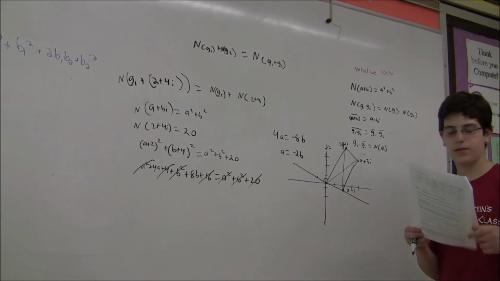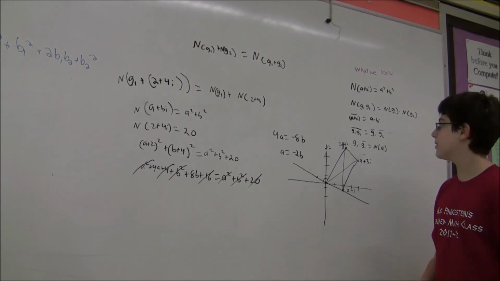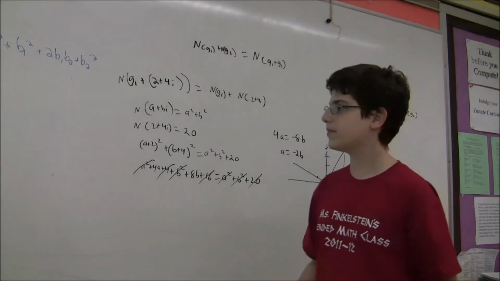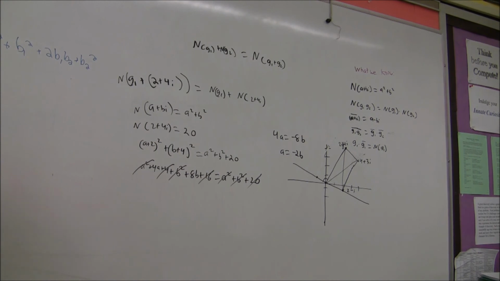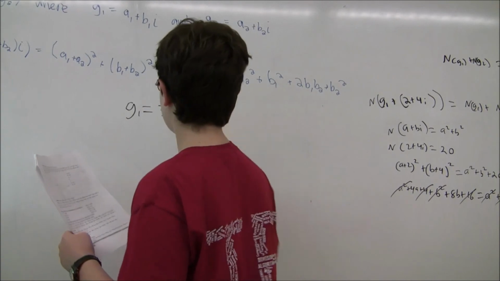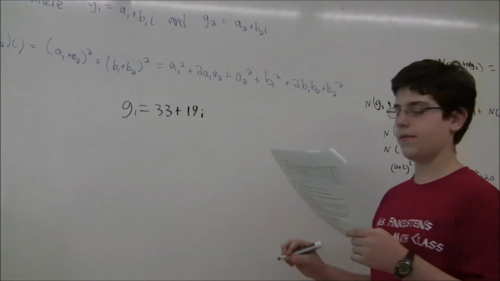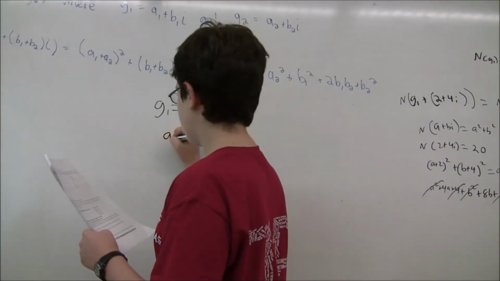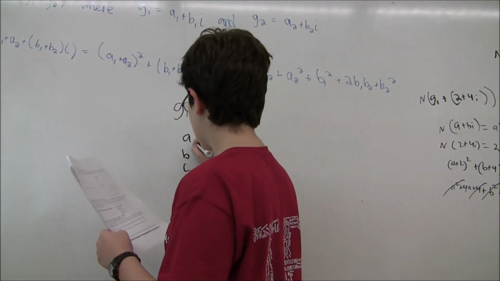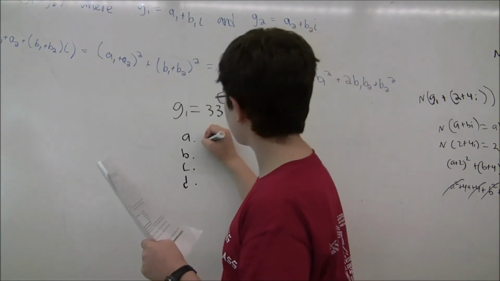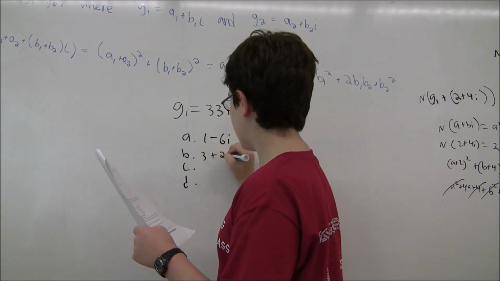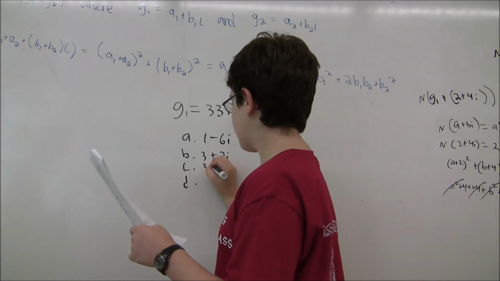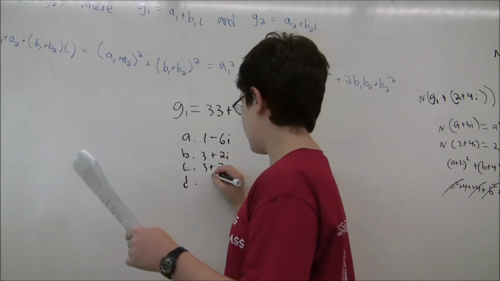So then the next thing that we wanted to look at was divisibility. We say that G1 equals 33 plus 19i, and we want to see if it could possibly be divisible by any of these: 1 minus 6i, 3 plus 2i, 3 plus 7i, and 3 plus 4i.